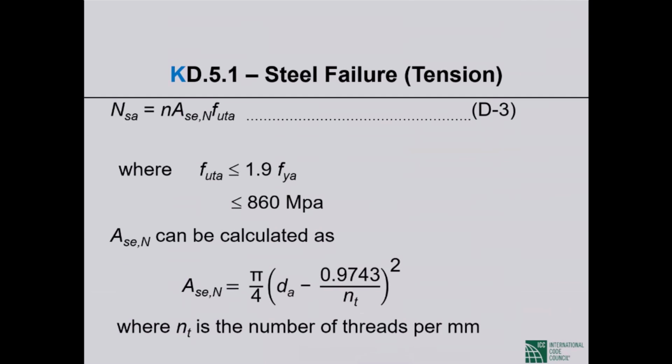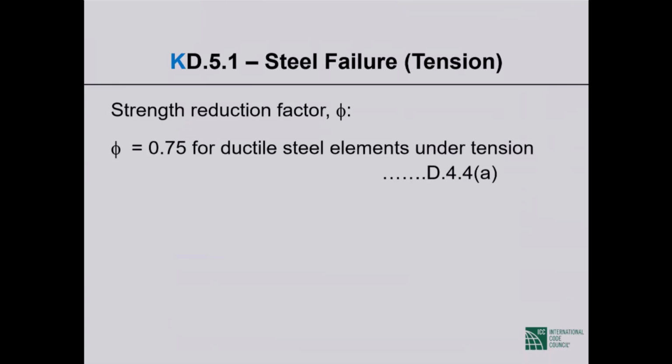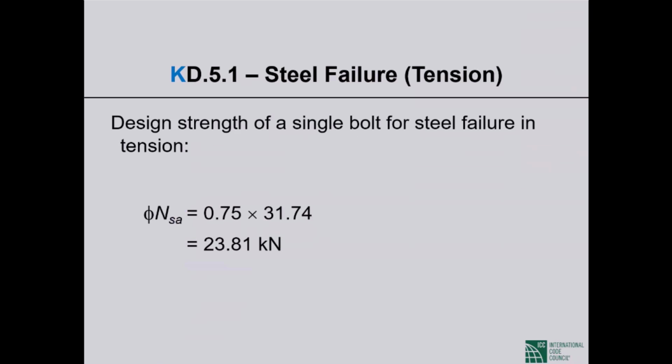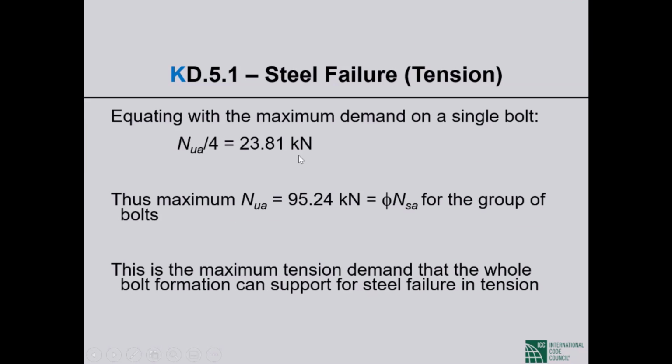Okay? So if a single anchor can carry 23.81 kilonewtons, then the group can carry 23.81 multiplied by 4, or 95.24 kilonewtons.